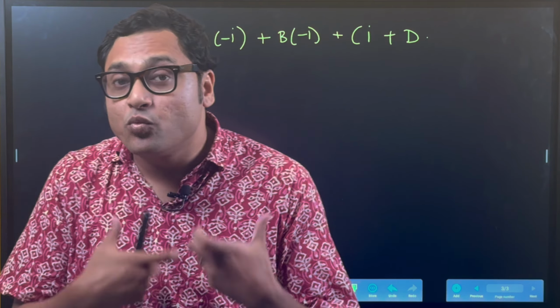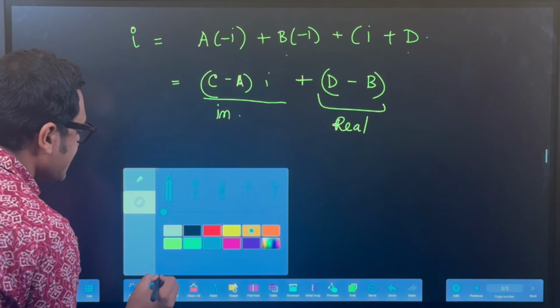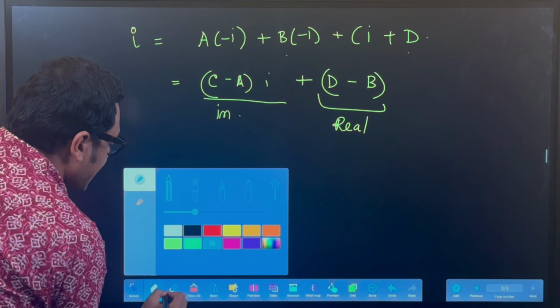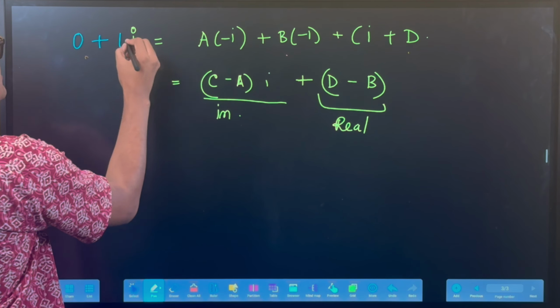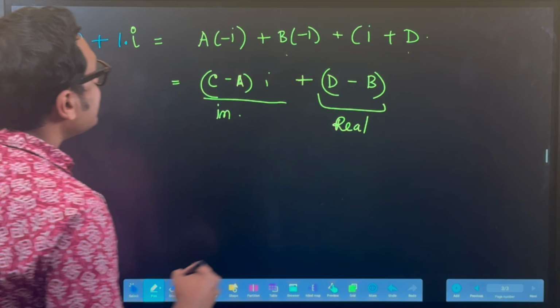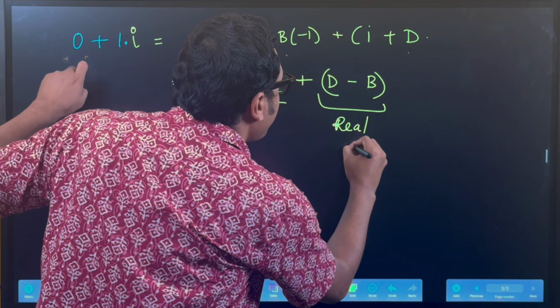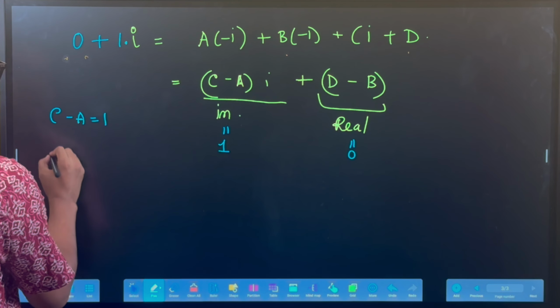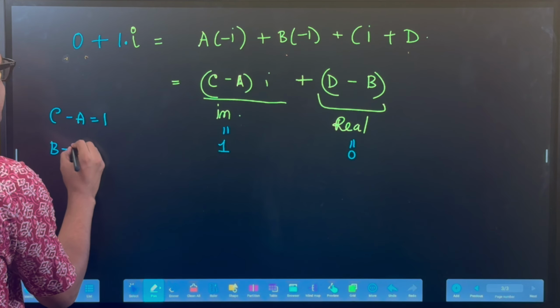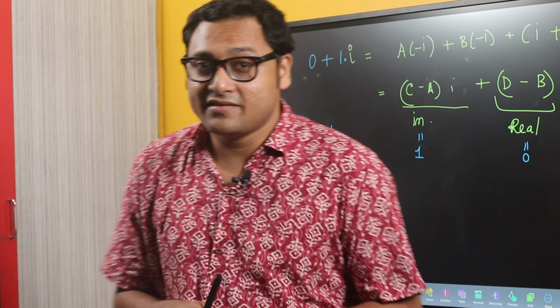So what is the imaginary part? You can immediately now compare stuff. That's the great part of this. So this is 0 plus 1 times i, right? So the real part is 0, and the imaginary part is 1. So C minus A is equal to 1, and B minus D is equal to 0, or B is equal to D. So you see what I did, right?